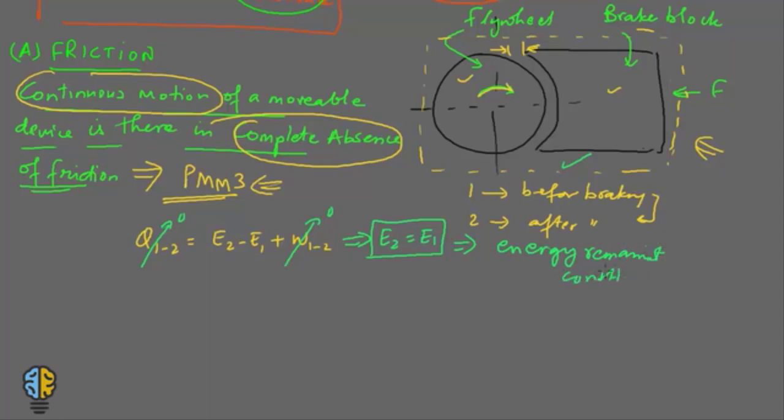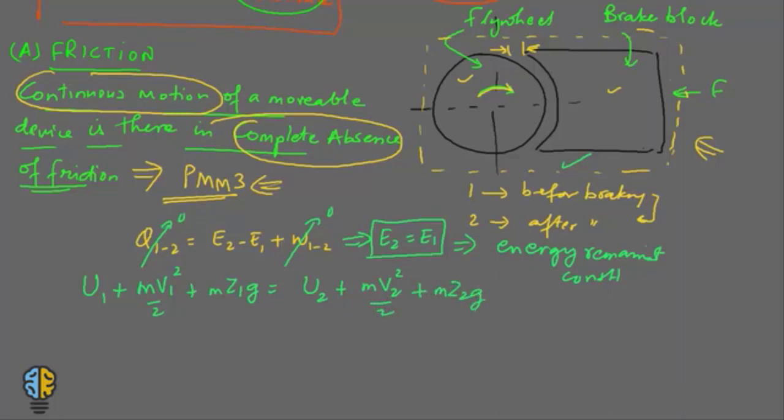Now since the energy may exist in the forms of kinetic, potential and molecular internal energy, we can apply the steady flow energy equation: U1 plus mv1 square by 2 plus mz1 g is equal to U2 plus mv2 square by 2 plus mz2 g.